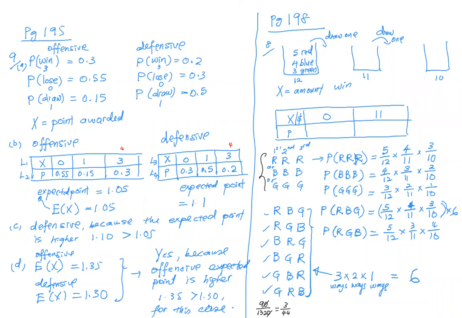Okay, for this one, 5 times 4 times 3 times 6 divided by 12 divided by 11 divided by 10.